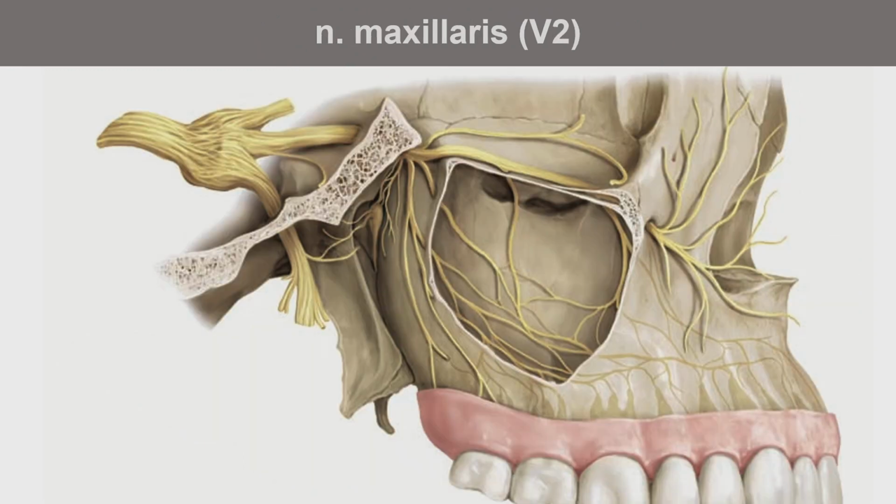The second branch is a maxillary nerve. Maxillary nerve is again pure sensoric, somatosensoric nerve. Somatosensoric nerve is then going into the channel which is made from foramen rotundum, round foramen, and then it is going into the pterygopalatine fossa.